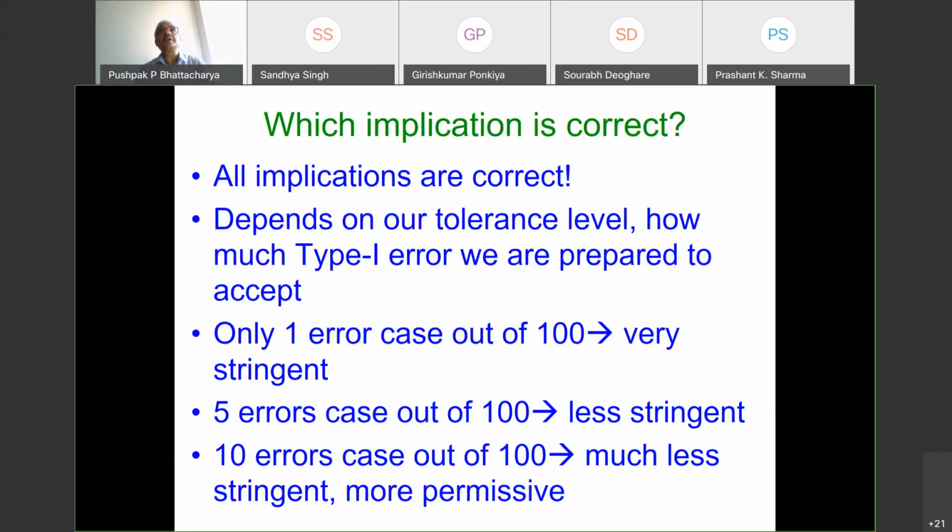What kind of error? Type 1 error. What is type 1 error? Wrongly rejecting the null hypothesis. What is the null hypothesis? H0, which is formulated depending on the situation.